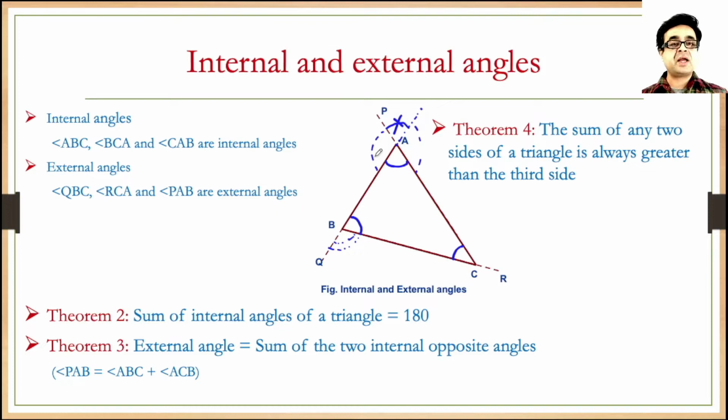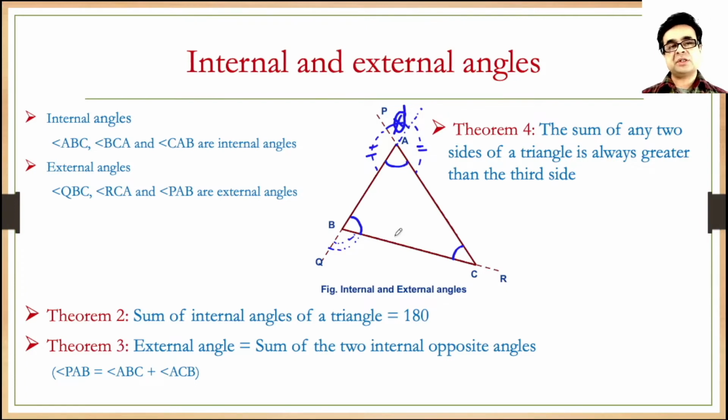As you know, the vertically opposite angles are equal. So this angle, for example, would be equal to this angle. And that is important to remember. If you think of external angles as this one, then you could get a lot of questions wrong because that is not a real external angle. In fact, by the theorem, vertically opposite angles are equal. This angle is actually equal to an internal angle.